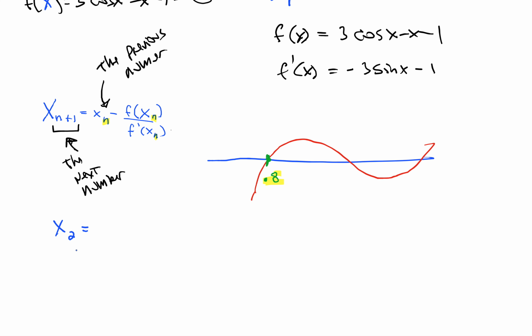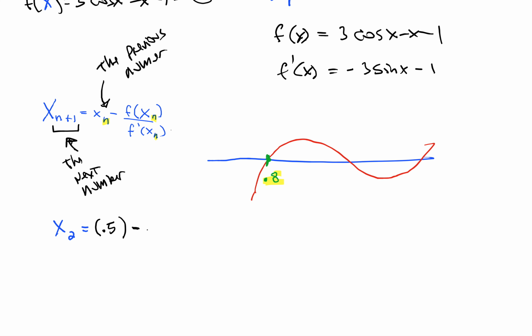So what is that? 0.5. Okay, minus the derivative of the OG, so plug it in.